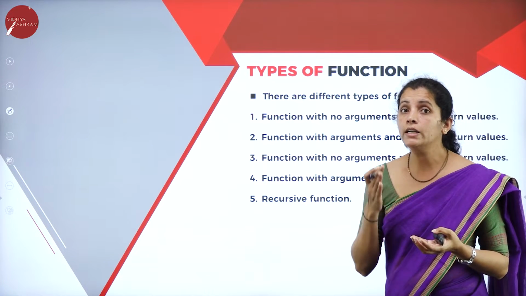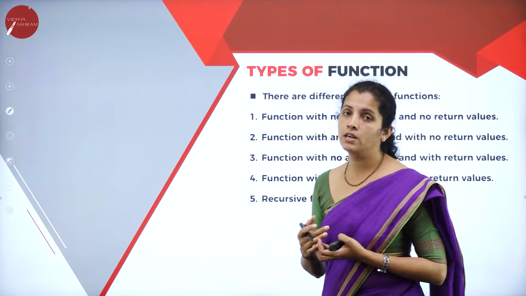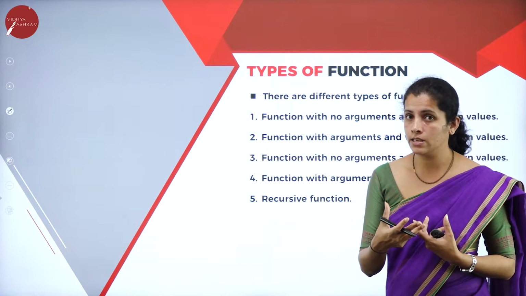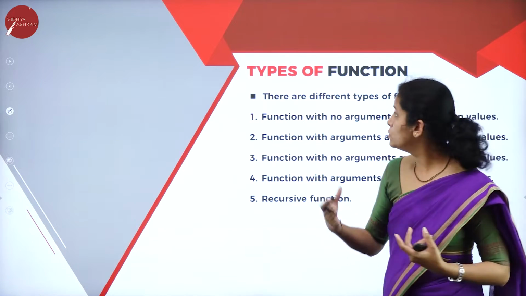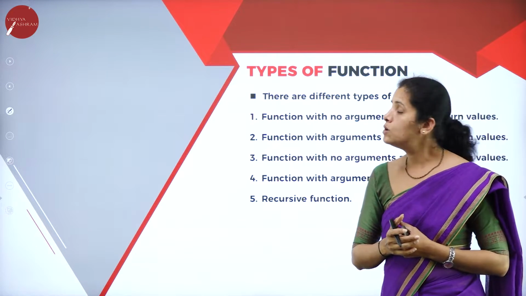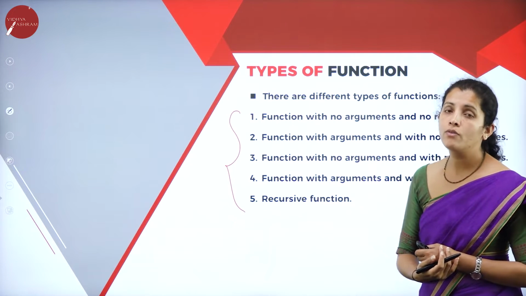So dear student, till now I discussed what is function, what is user defined function, what is variable, scope of variables, etc. But now I'm going to deal with the different types of function. So here we are going to have 5 different types of function.